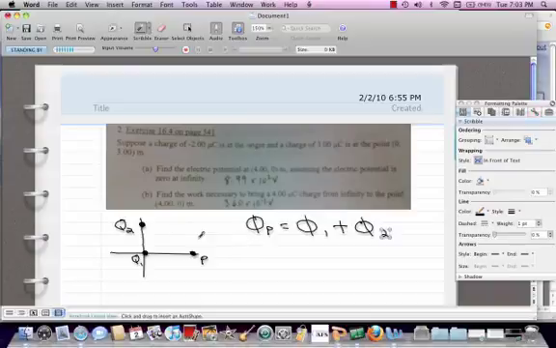And phi equals KQ over R. So we need to find R. So phi 1 is going to equal KQ over R, and R is the distance from charge 1 to P.